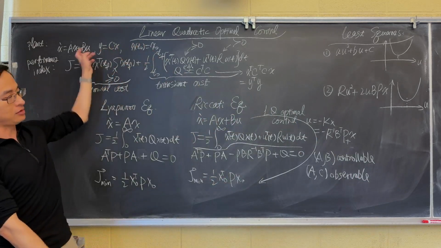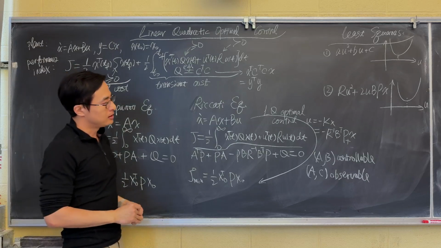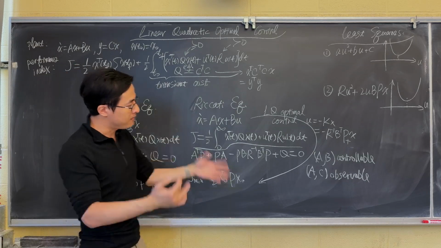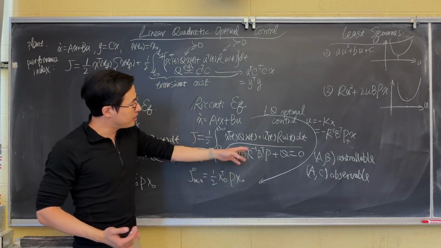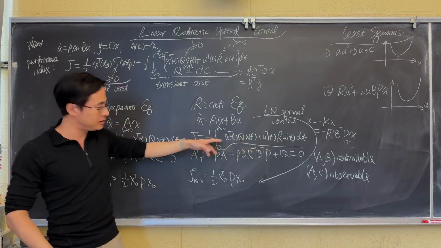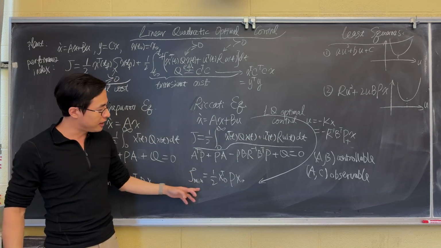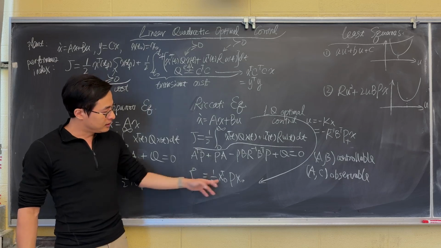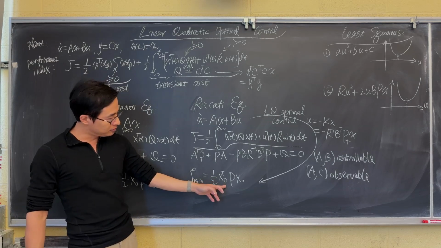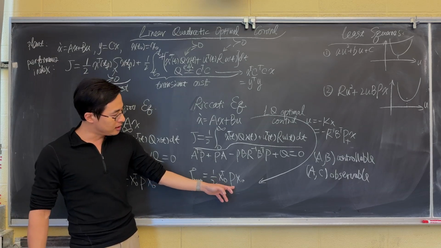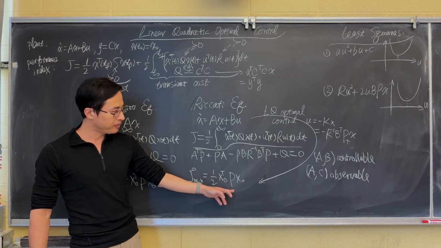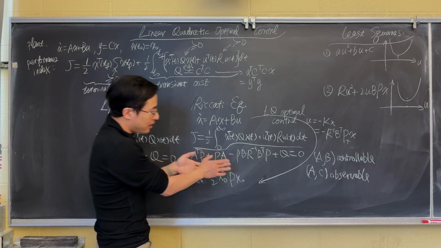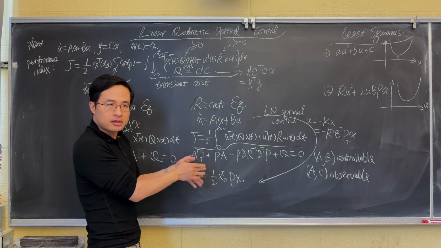Those are the conditions here. Then you can minimize this infinite integration to a single value that's determined by the initial condition and a matrix P. And this matrix P, we'll talk about in detail today.